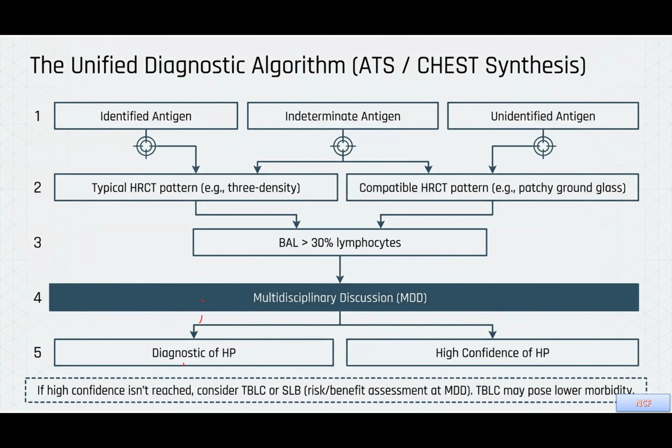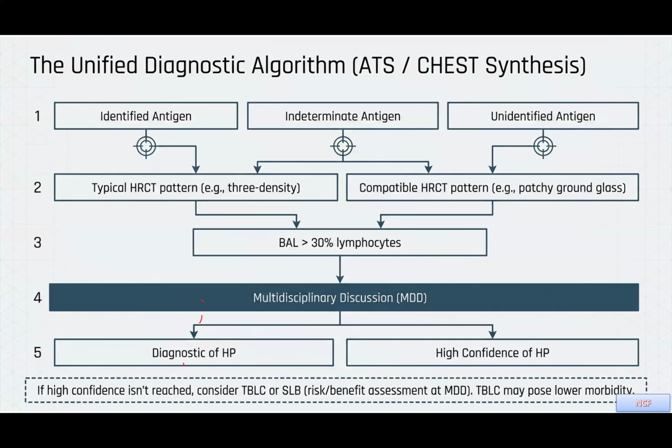If there is more than 30% lymphocytes, you do an MDD, and after that you reach a diagnosis of HP, or a high confidence of HP. However, if you still haven't reached a high confidence diagnosis of HP, you can consider either a surgical lung biopsy or a transbronchial cryo lung biopsy. TBLC is preferred because it has lower morbidity.